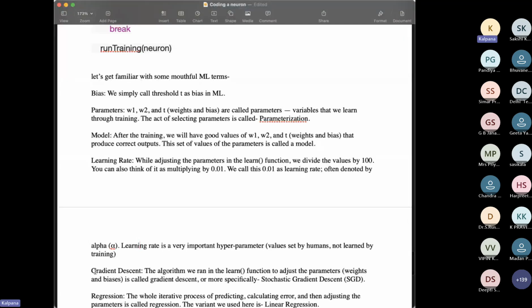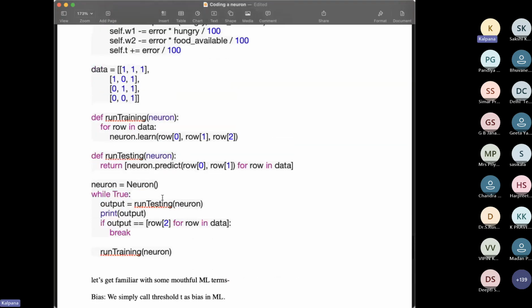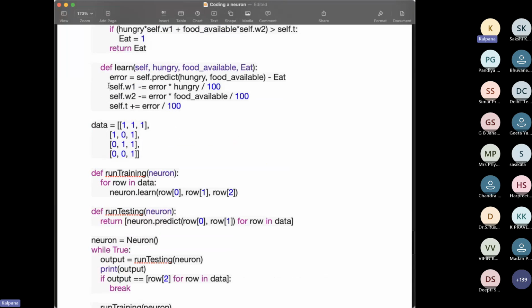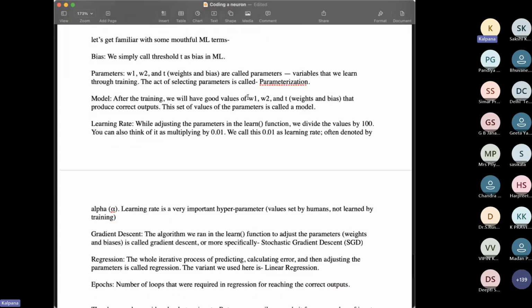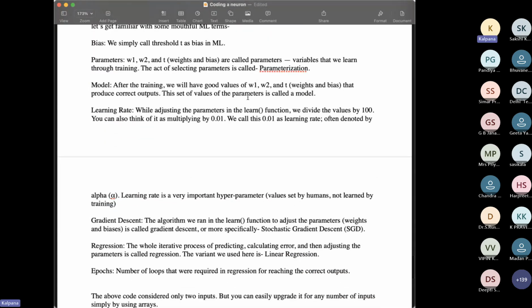Then there is something called gradient descent, the algorithm that we have learned for adjusting the parameters. That algorithm is called gradient descent. This learning rate approach, weight minus this, is the gradient descent approach that we are using. This whole iterative process of predicting, calculating error, then adjusting the parameters is regression.